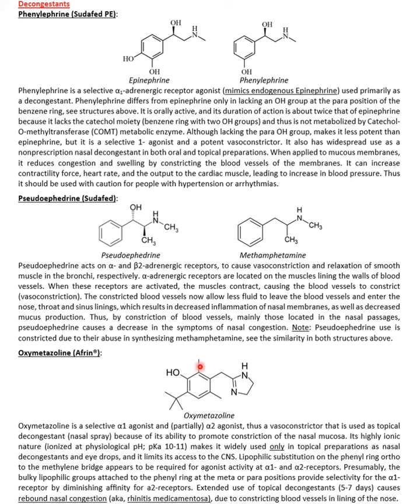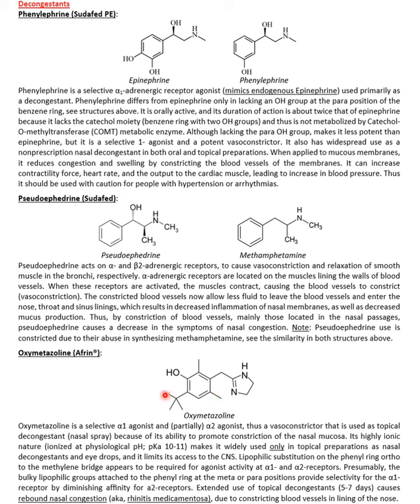The lipophilic substitution of this methyl group here and here at the ortho position from this ethylene bridge, the methylene bridge, the ortho substitution of these two increases the agonist activity to alpha-1 and alpha-2 receptors as compared to beta receptors, of course.